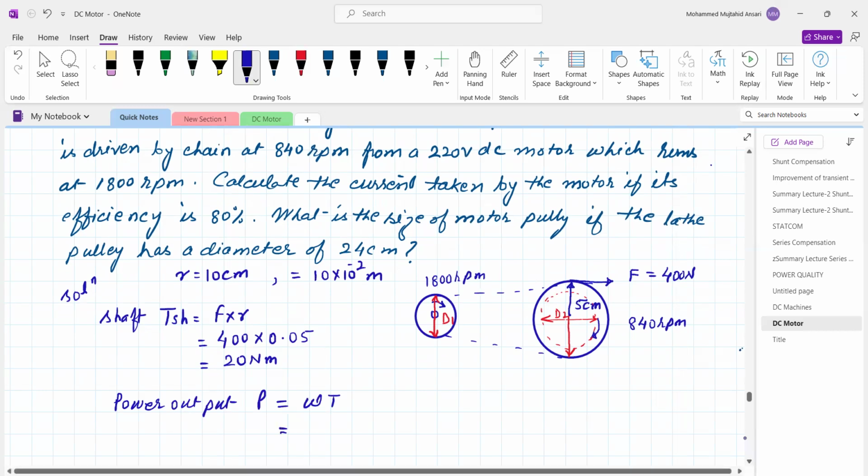So here it is 2 pi n upon 60, because n is given in RPM, into T_SH, where n is in RPM.